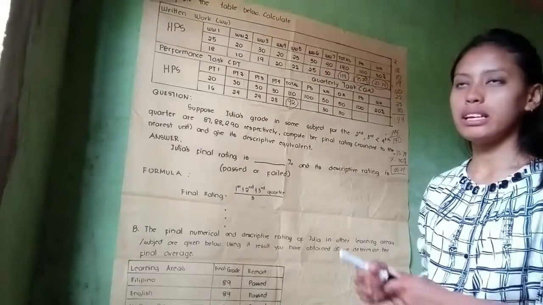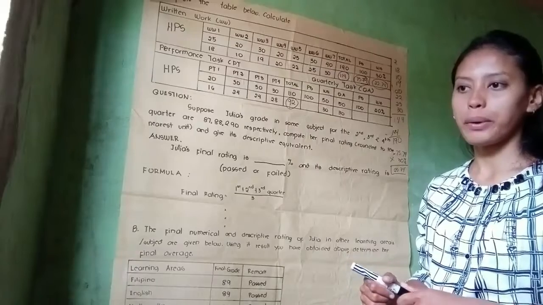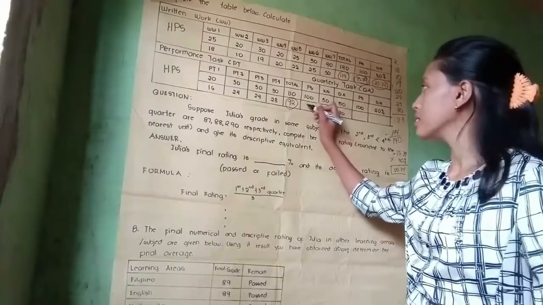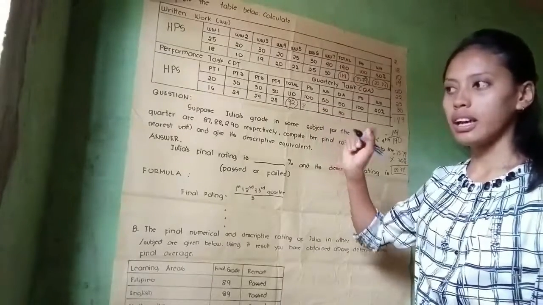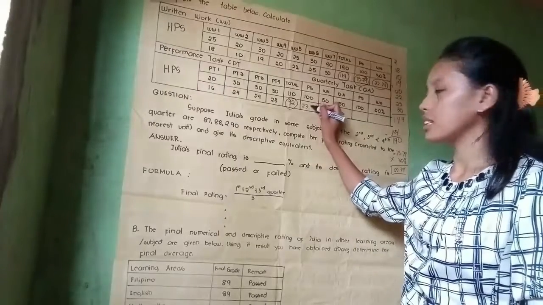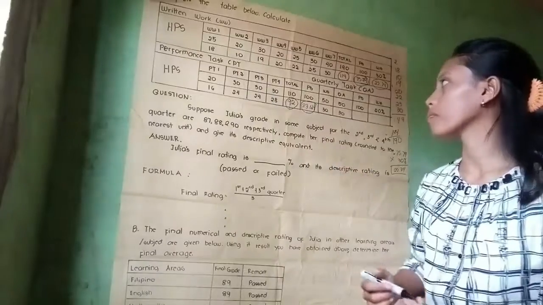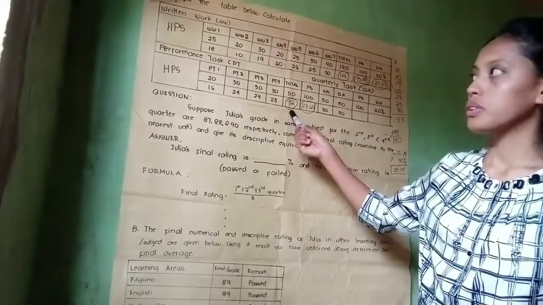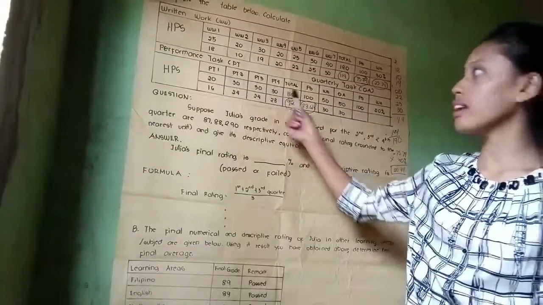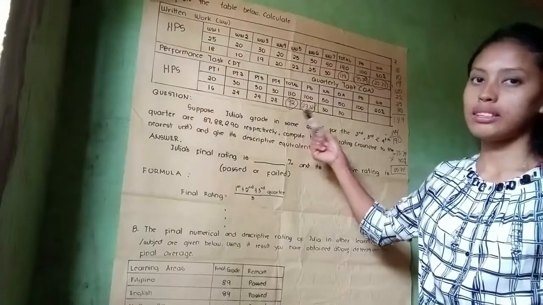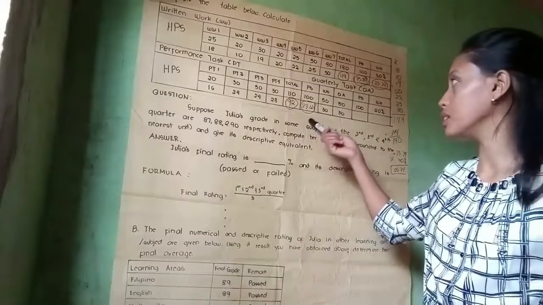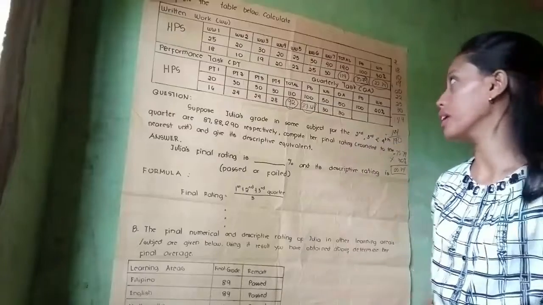So the answer would be 83.64. The total of our performance task is 92 and the possible score would be 83.64.